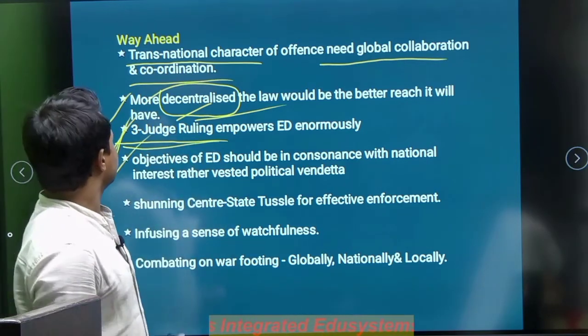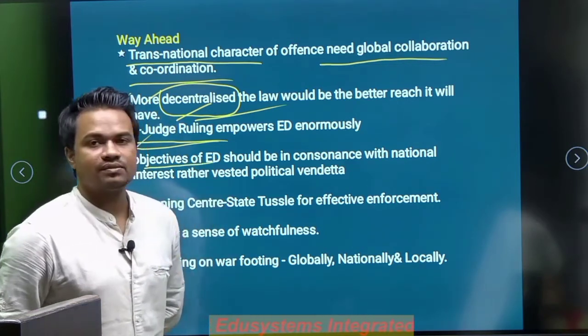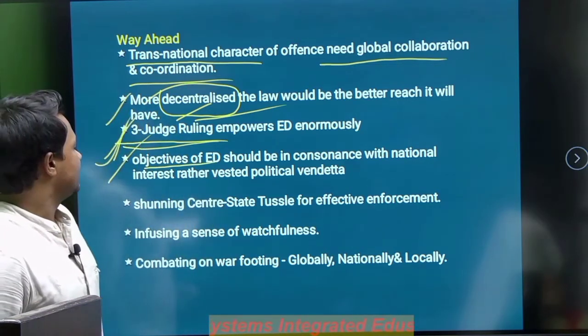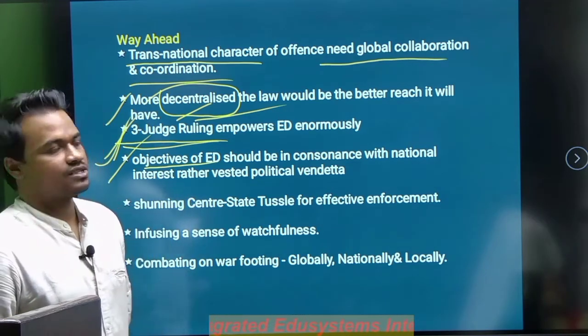Then fourth, the objective of the ED should be in consonance with the national interest rather than vested political vendetta.